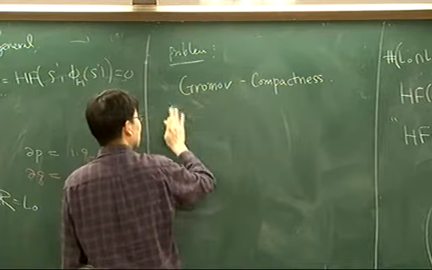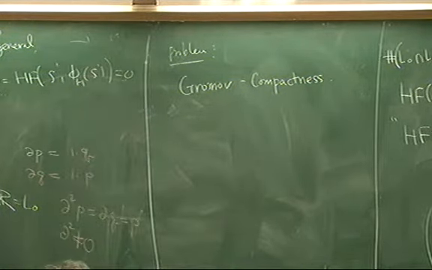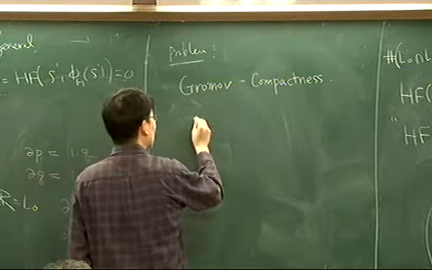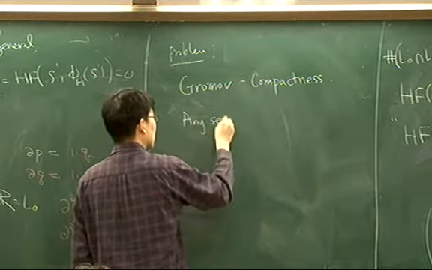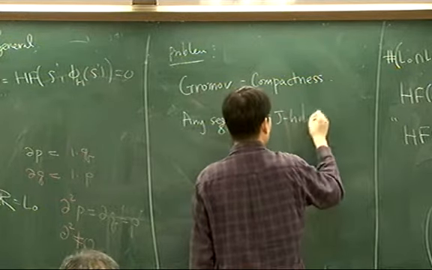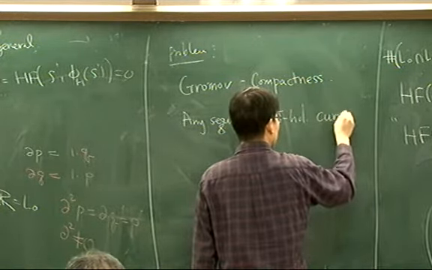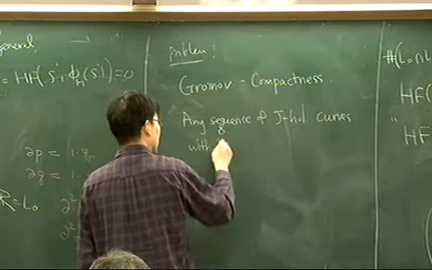What this says is a statement about the convergence of these maps. So if you have any sequence of J-holomorphic curves with bounded energy, it always converges to a stable or broken holomorphic curve.